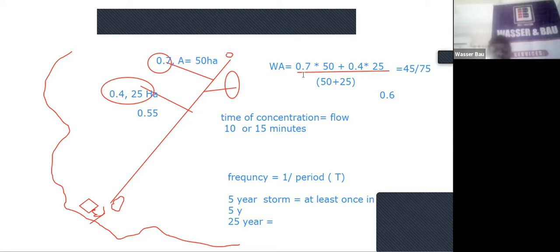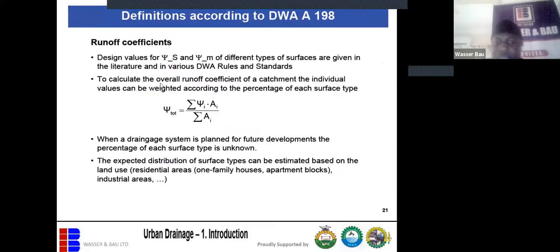Both of them are close, but if you have different catchments, some that are 0.1 and their hectare are so big, you see that it will be drawing the mean towards itself. So that is what I want us to understand from there. So we move. So this is how to calculate the mean weighted average.